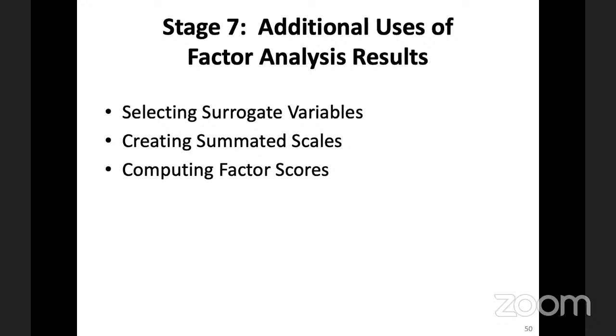Once you have identified the factors, you can use any other method commonly used for any other purpose, for example analysis of variance or regression analysis. Normally there are three ways of using the variables extracted by factor analysis.